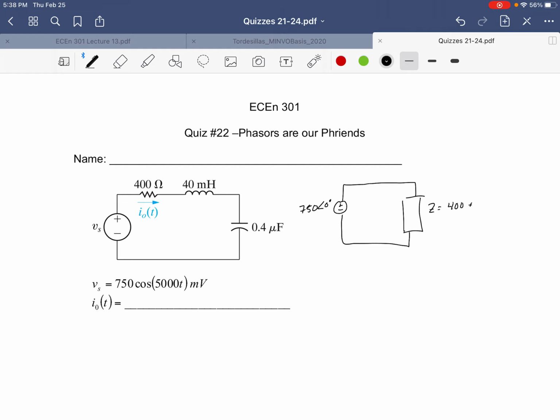And then I'm going to have my inductor, remember, goes to J omega L. And then the capacitor goes to minus J over omega C. So this is going to be 400, and then we're going to have J, omega is equal to 5,000, L is equal to 40 milli, and C is equal to 0.4 micro.